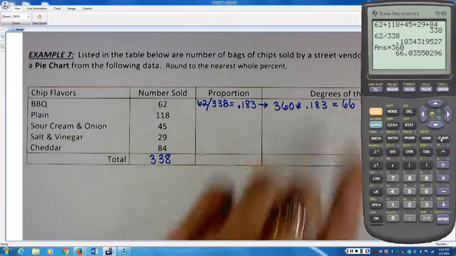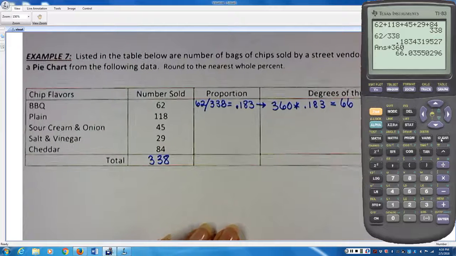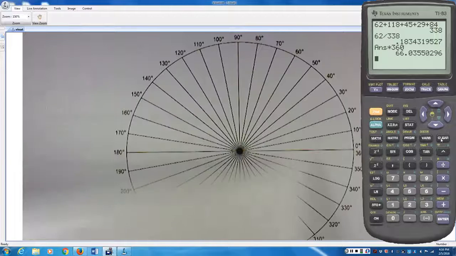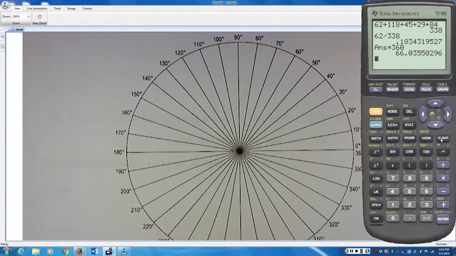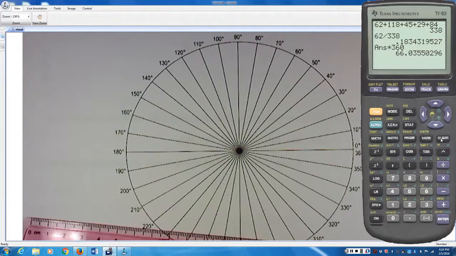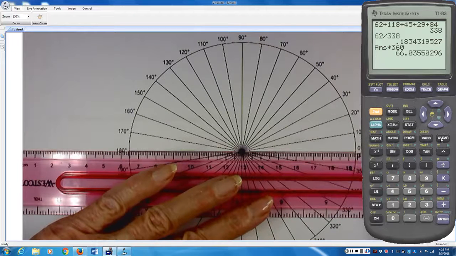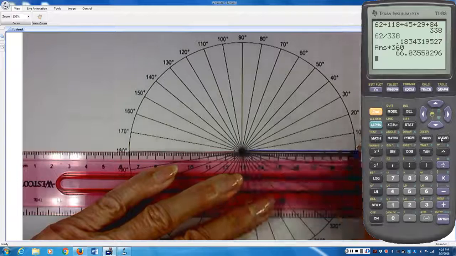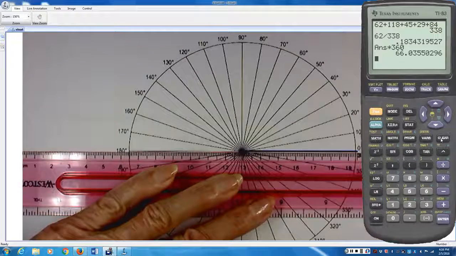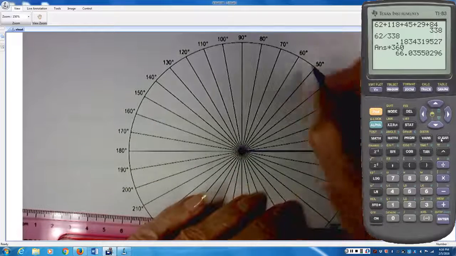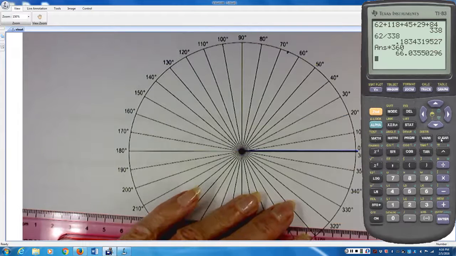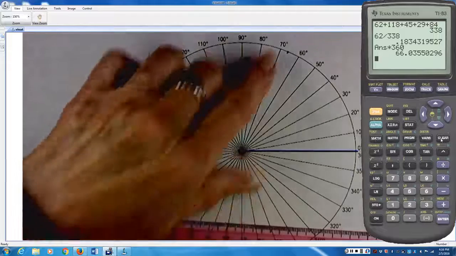So this is 66 degrees, and I'm going to go ahead and mark the first segment of the circle so you can see why I do it the way that I do it. So I need to mark off 66 degrees for my barbecue chips. So I'm going to start at 0 degrees, which is right here. And I'm going to go up to 66 degrees, which is just a little more than halfway between 60 and 70 degrees.